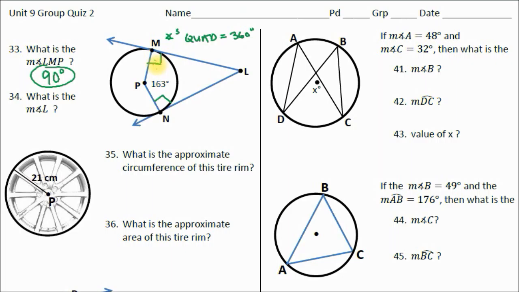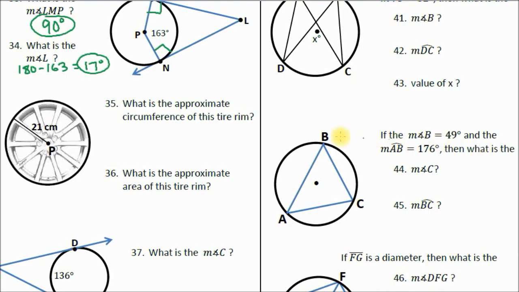And if we know that angle M and angle N are 90 degrees, that leaves 180 degrees for this angle, MPN, and this angle, L. So our solution is just to subtract 160 degrees from 180 degrees, and we're going to end up with a measure of angle L is 17 degrees.